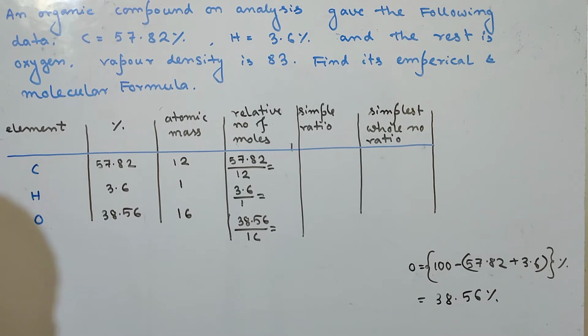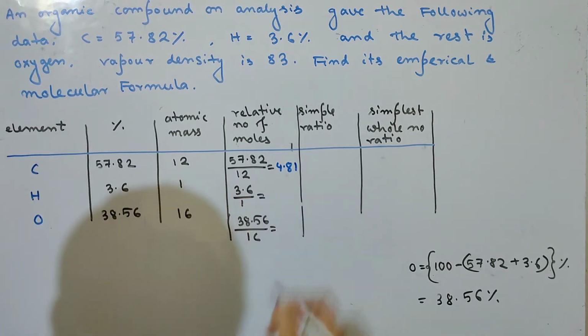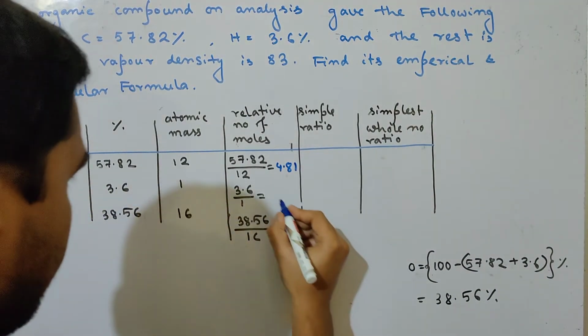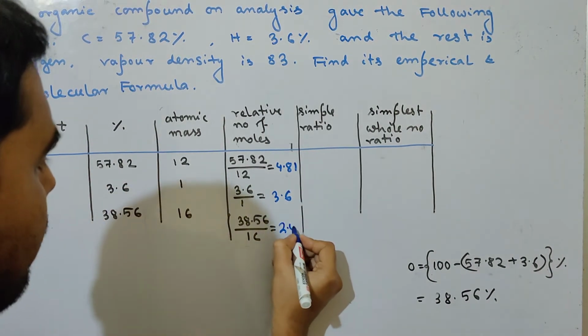So I am getting 4.81. This is of course 3.6, no need to change. And the last one, previously calculated, is once again 2.4.